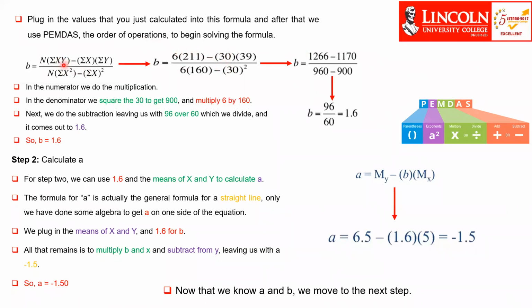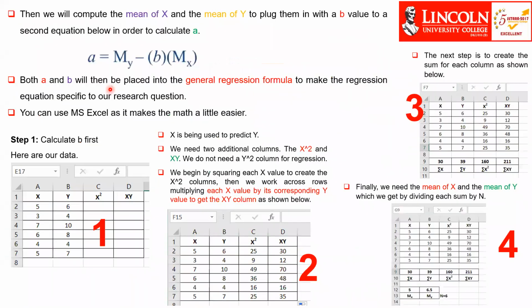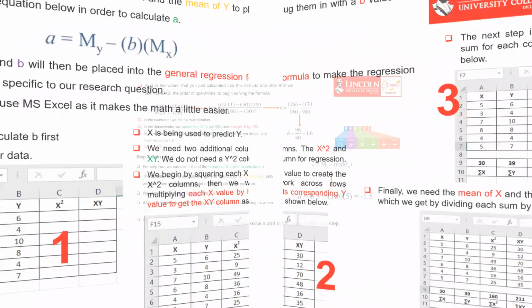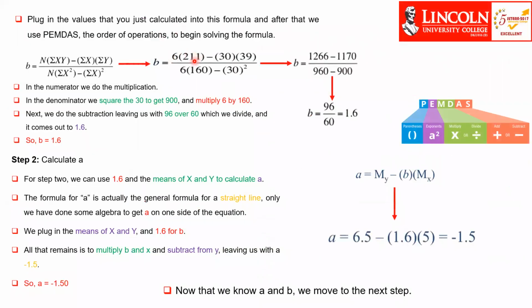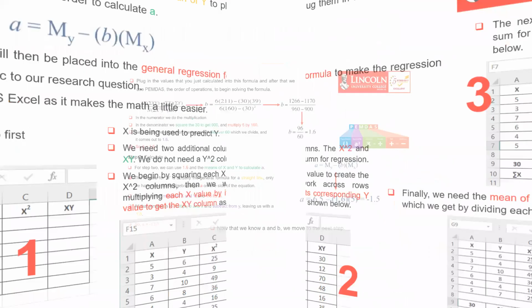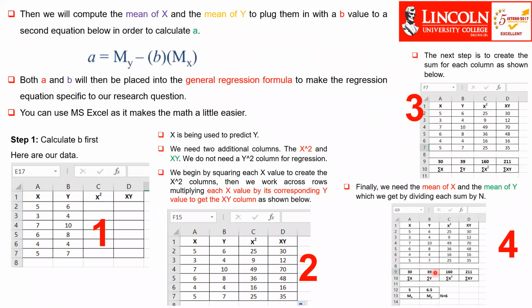So this is the formula again. If you remember, our summation of xy is 211. So we take that value and put it in here. Our summation of x and summation of y: summation of x is 30, summation of y is 39.